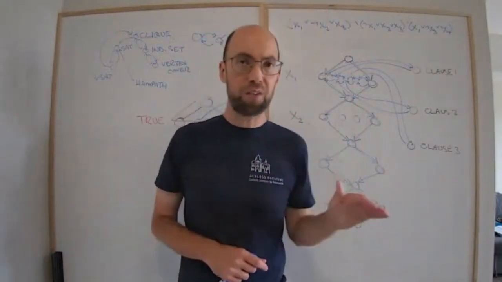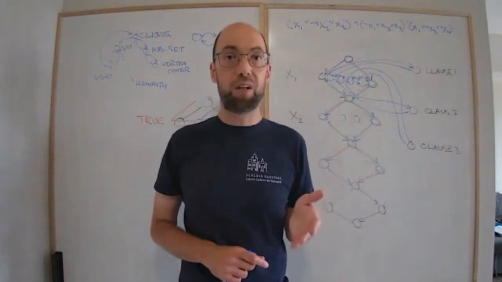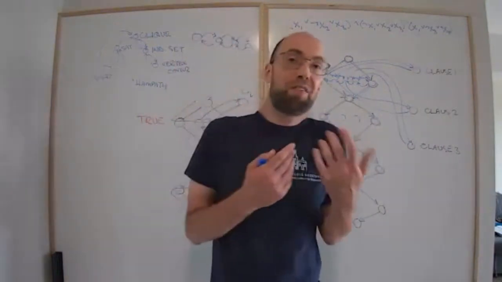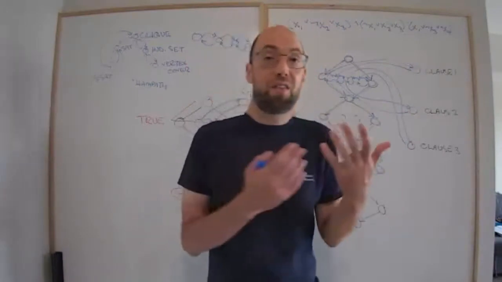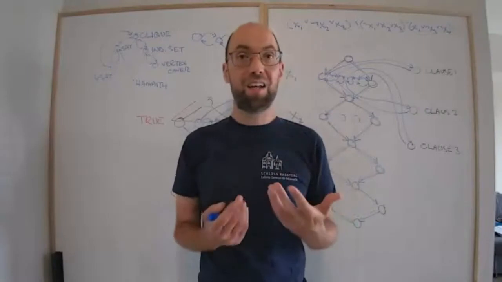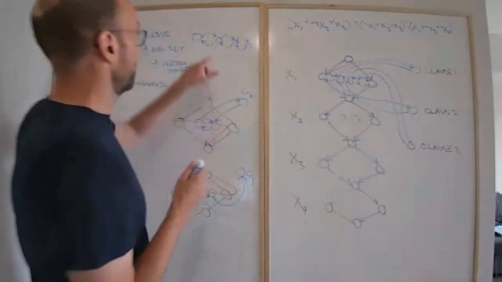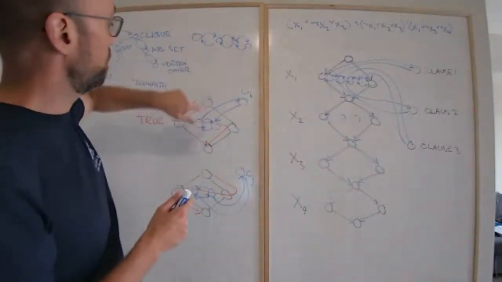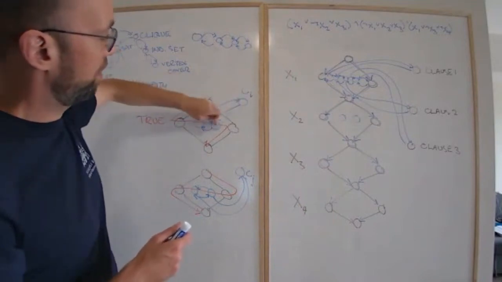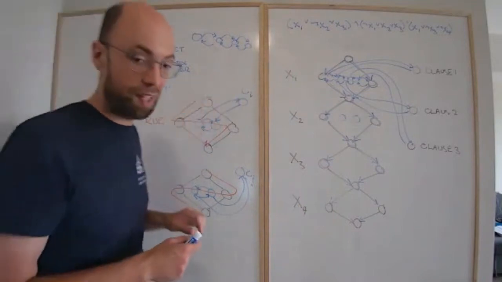So yes, you can always do it with number of clauses minus 1, except if a variable doesn't appear in a clause, neither by itself nor negated, then all it will look like is this. There won't be one of these routes to a clause vertex.